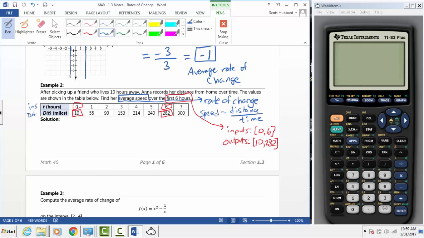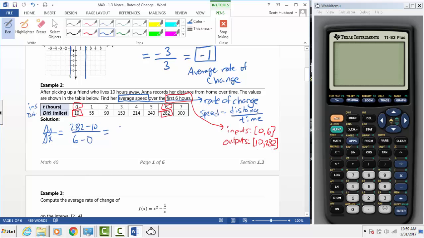Okay? With that information, we just apply the formula. So it's going to be delta y over delta x. It's the change in y, which would be 282 minus 10, divided by the change in the inputs, 6 minus 0. Remember, inputs are x's and outputs are y.